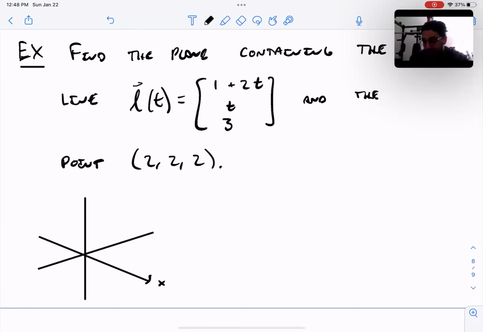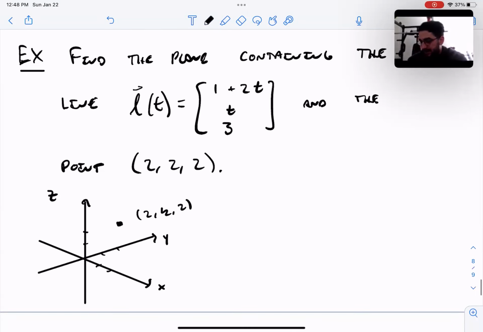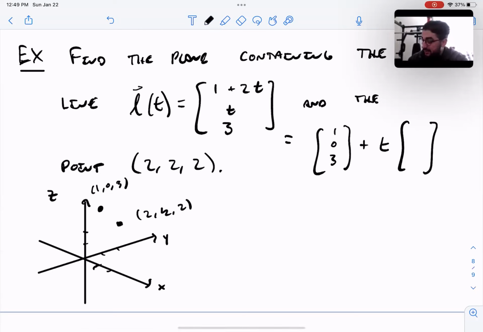And there will be a unique such plane as long as this point is not on the line, right? So I have 2, 2, 2, right? Somewhere up here. There's our point 2, 2, 2. And then I also have this line. So I start up here at 1, 0, 3, right? And notice I'm immediately decomposing this line into an initial point and a slope, right?